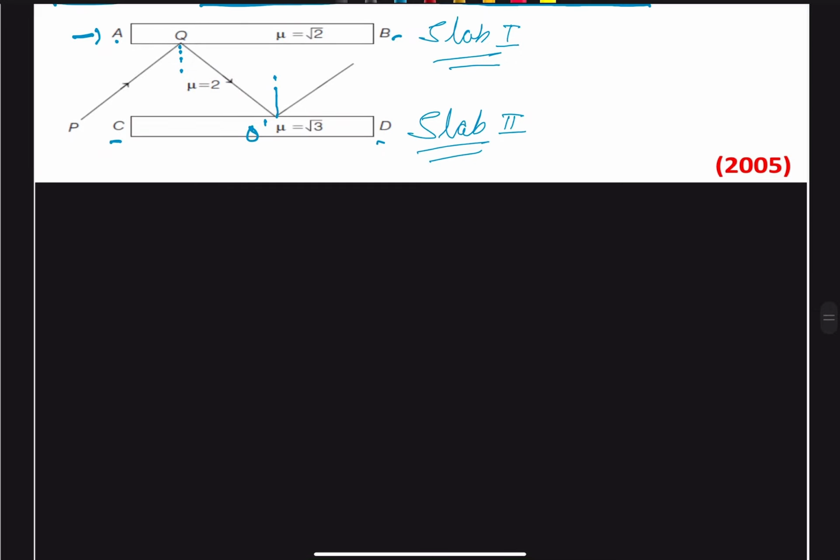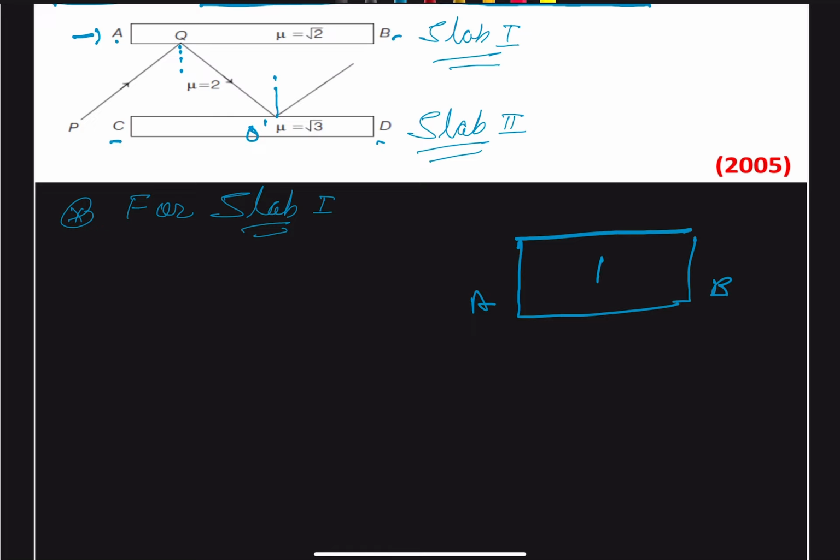So for slab 1, we can draw the figure approximately. So this is our AB. Refractive index is given as square root of 2, and here refractive index is 2.